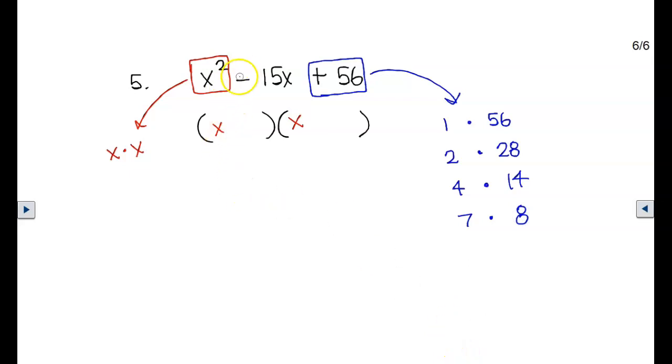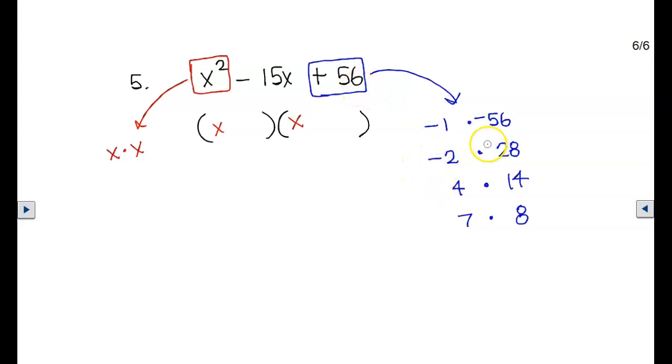Now, again, I'm looking for negative 15x as my middle term. So some of these numbers over here are going to have to be negative. The question is how many of them? Well, if I'm going to get a positive 56, then I'm going to need two negative numbers to make that happen. So a negative 1 times a negative 56 would give me positive 56.